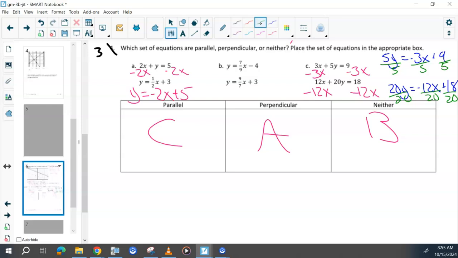So our two equations would be y equals negative 3/5 x plus 9/5, and y equals negative 3/5 x plus 9/5.